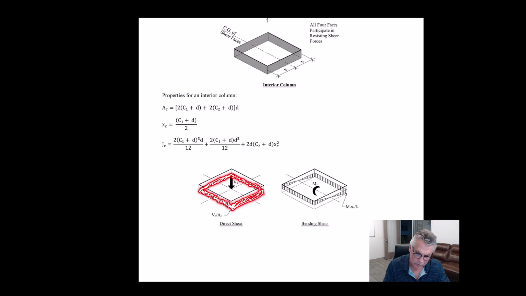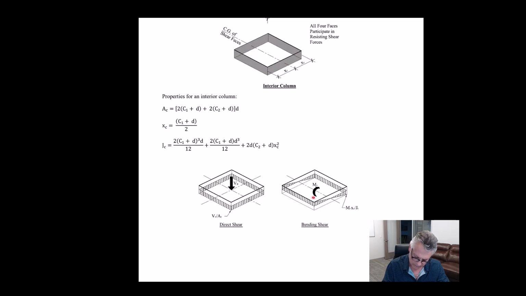I don't use PU because that indicates like a column moment coming from the top, but this is from the slab at that level divided by this area. So you have your direct shear stresses, and then you have your bending shear stresses. And the bending happening about here creates a stress on this face, it creates a stress on this face, and it creates a triangular type distribution on these faces.